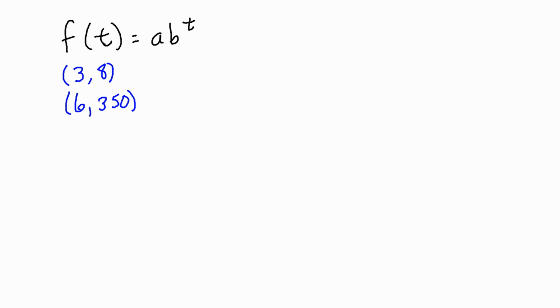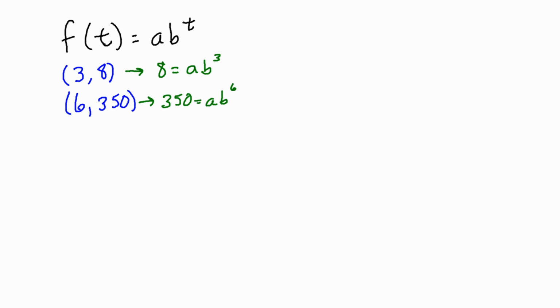First, we substitute what we know into our exponential equation. So that gives us 8 equals a b to the third power for our point 3, 8. For our point 6, 350, we have 350 equals a b to the 6th power.